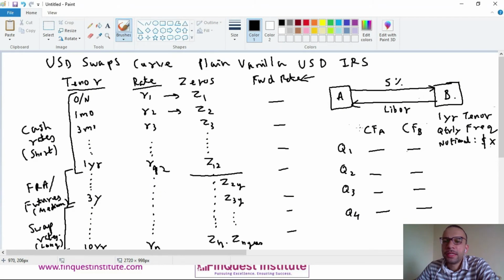Now calculating CF of A is easy because you have the 5% rate which is given in your contract. So this is a contract specified rate, and this will be like a coupon payment for your cash flows at respective times in the future.